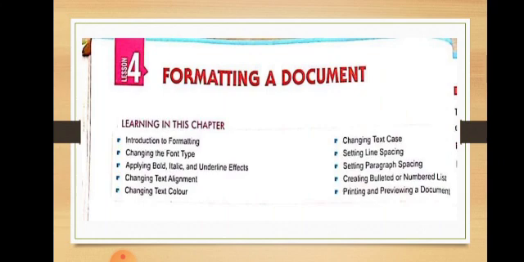We will also learn how to change the text alignment, text color, text case, and set the line spacing and paragraph spacing. Students, also if you want to create a list, we can do it bulleted and numbered, and then later print and preview the document.